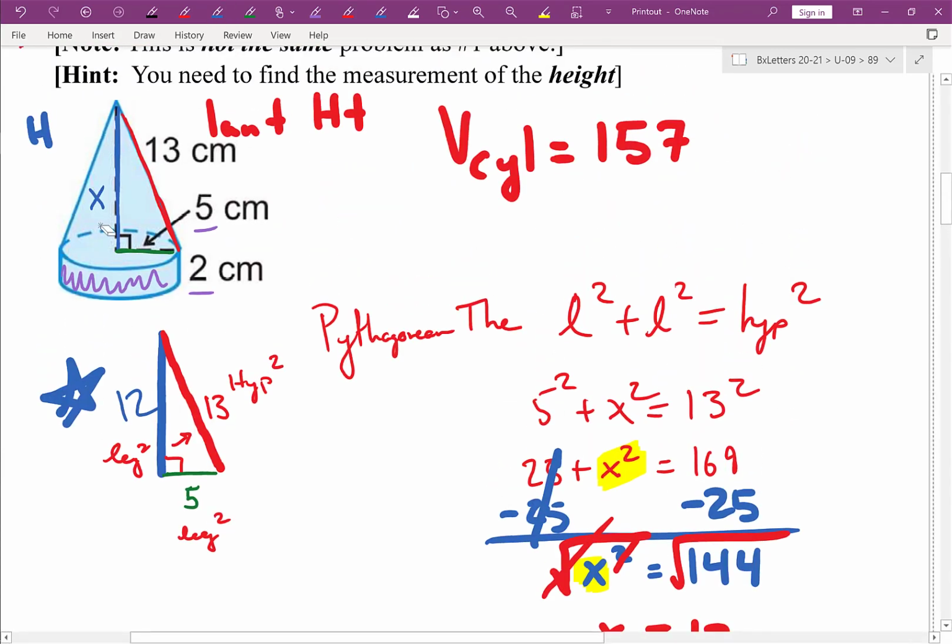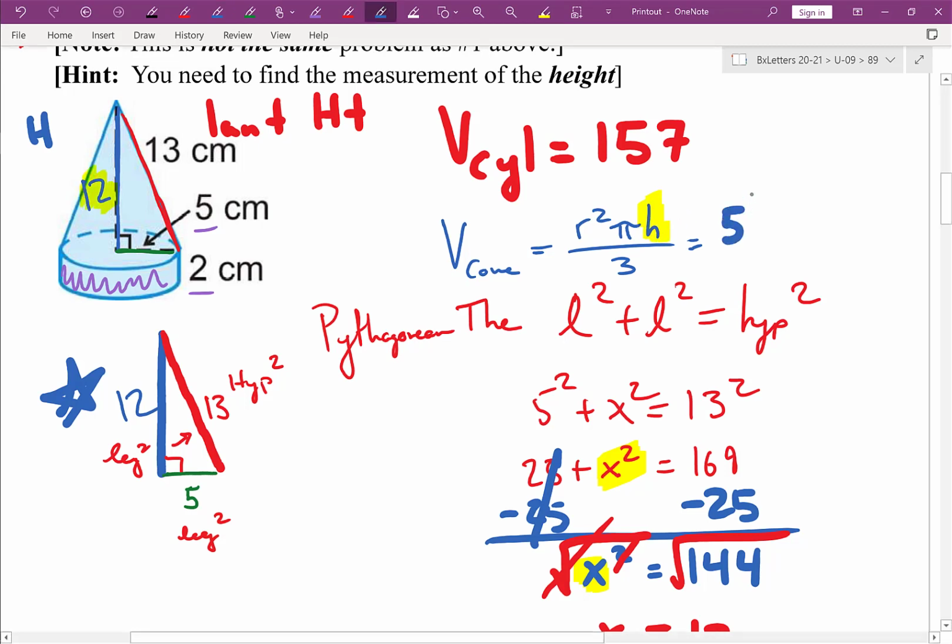So I come back here and when I go to do my volume calculation for the cone, it's still the same formula, radius squared, pi, height, and divide by 3. But the height will be different than the other one. The height is now 12.